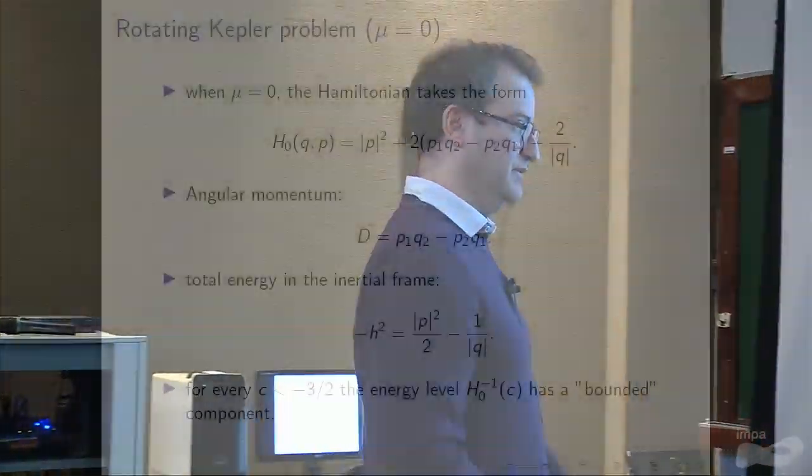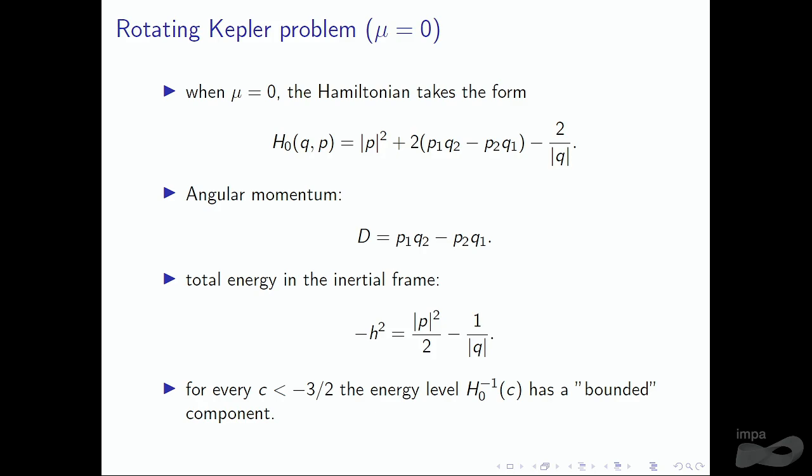The boundary is really a circle. And there is this unbounded component that we don't consider. We only consider the part of the energy level which is projecting near, like if the heavy primary is the Earth, the light primary is the Moon, and the satellite is the third body. Then we study trajectories near the Earth.